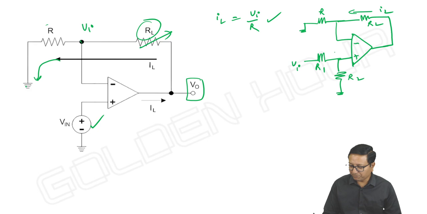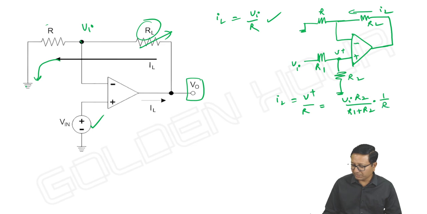What is IL? And V plus, we can write it. So IL is equal to, instead of Vi, what you have here is V plus by R. But what is V plus? It is Vi into R2 by R1 plus R2, multiplied with 1 by R. Like this also we can write.